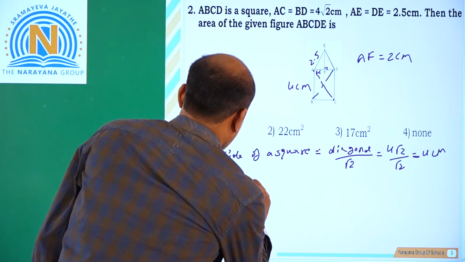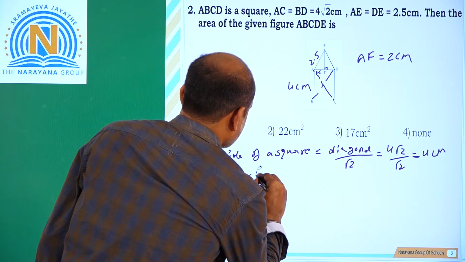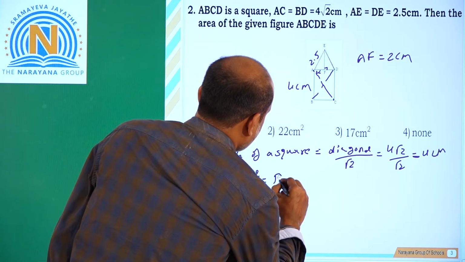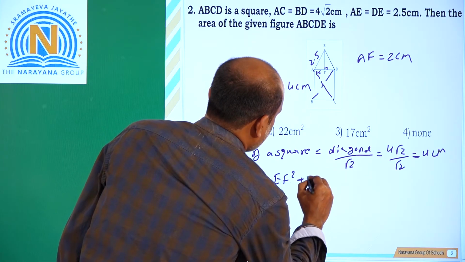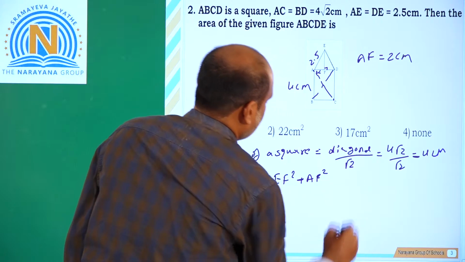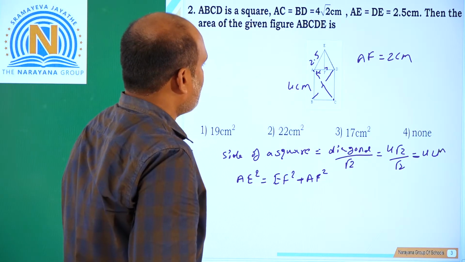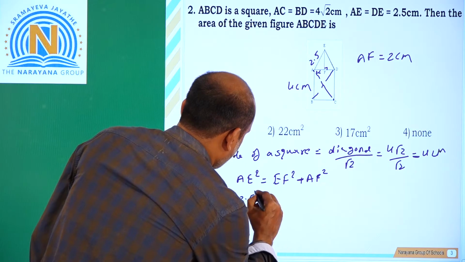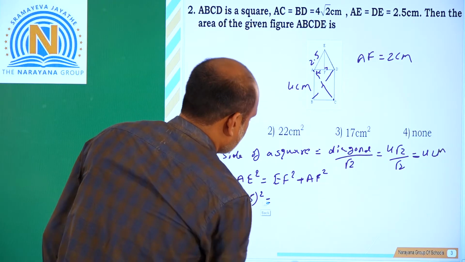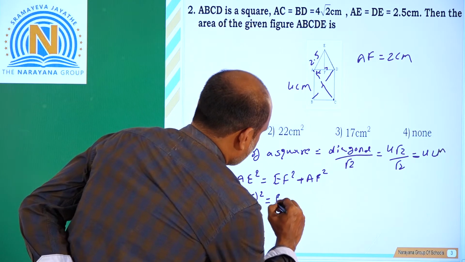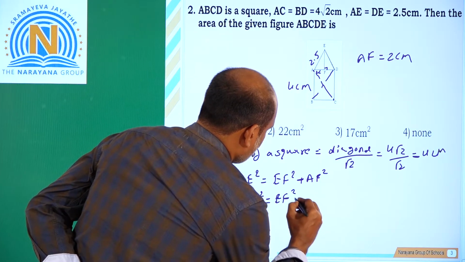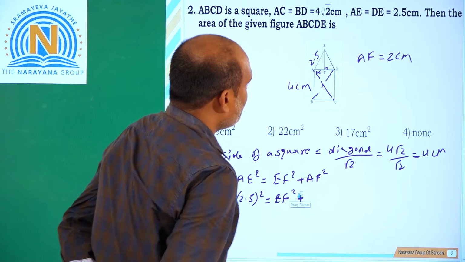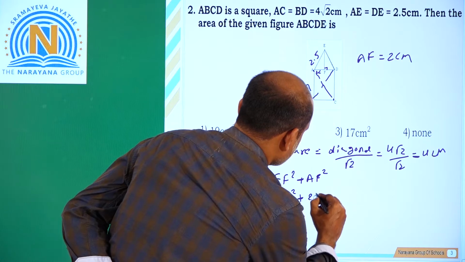By Pythagoras theorem, AE square is equal to EF square plus AF square. AE is 2.5, so 2.5 whole square is equal to EF square plus AF, which is 2, square.